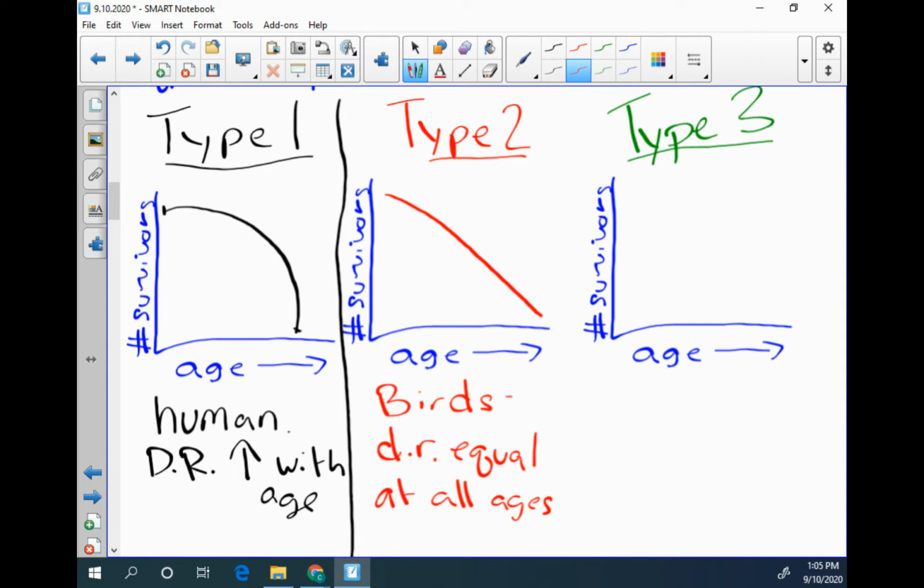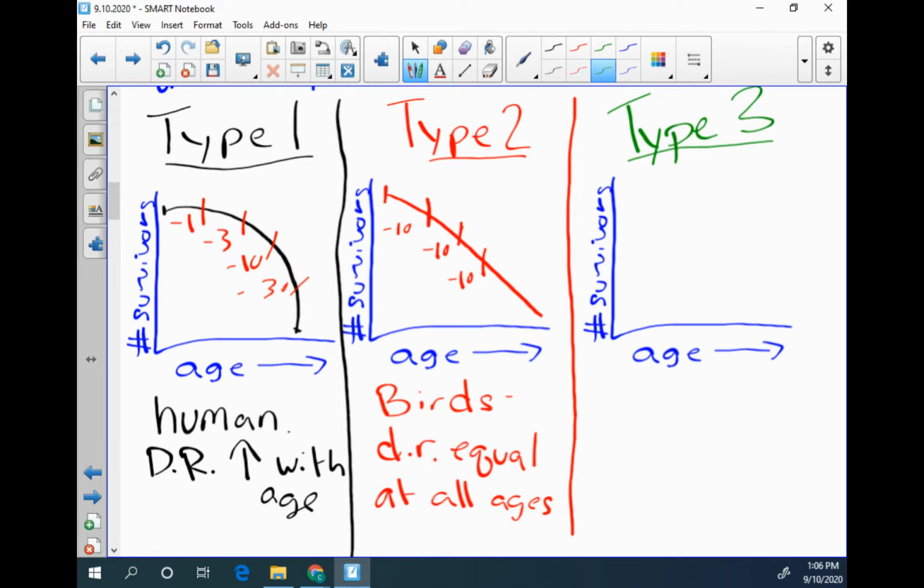Same rate of death, which means that as organisms get older, there's less and less of them, but that pace is the same. Meaning between this point and this point, the same number died. So we'll say there's 10 birds there, 10 birds there, 10 birds there. Does that make sense? Whereas with our humans, we'll say we lost 1 here, we lost 3 here, we lost 10 here, we lost 30 here. If that makes sense. Okay.